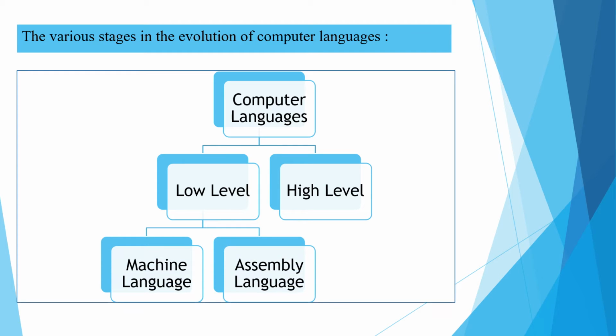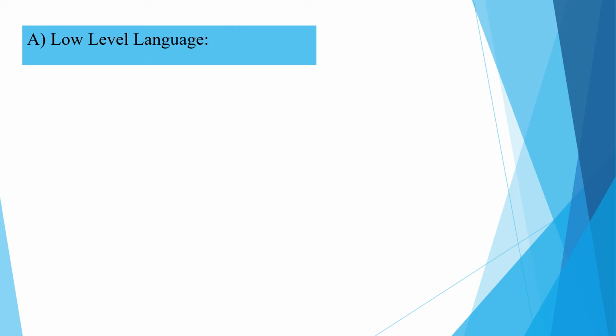In low level, you again have two types: one is the machine language and second is assembly language. Now let's see what low level languages are. These languages were the earliest languages developed. Under this category, we have machine and assembly language.